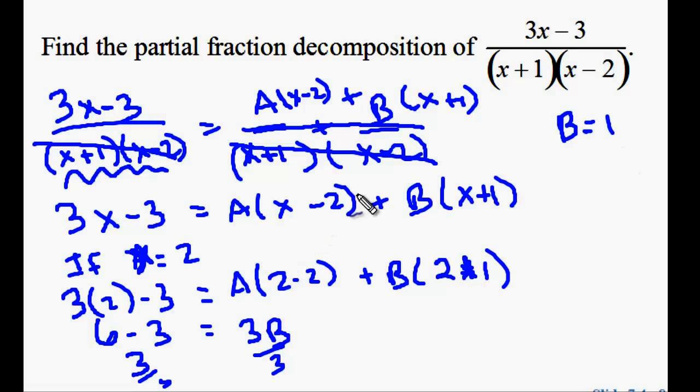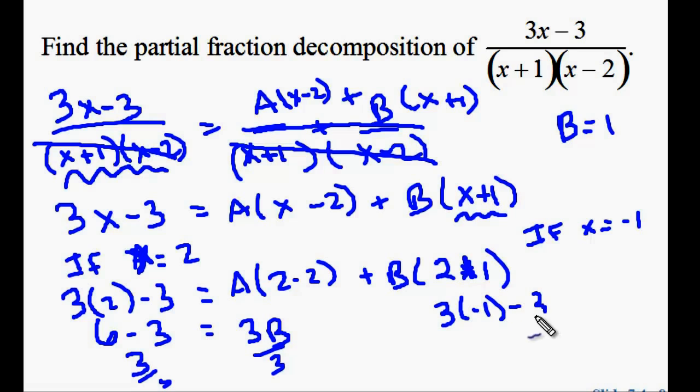Now we go back and pick another number for x, such that B will be multiplied by 0. So if x = -1, then we have 3(-1) - 3 = A(-1 - 2), and the B is multiplied by 0, so it's no longer in the picture.